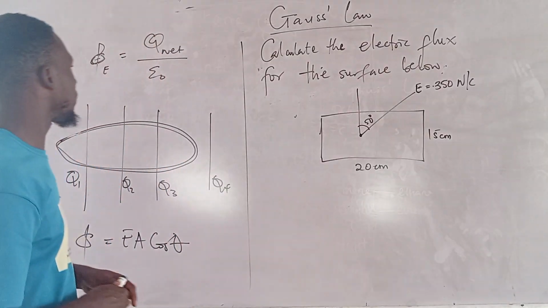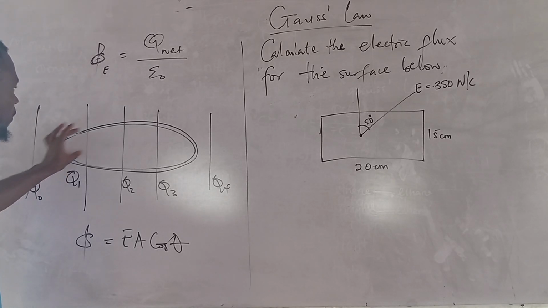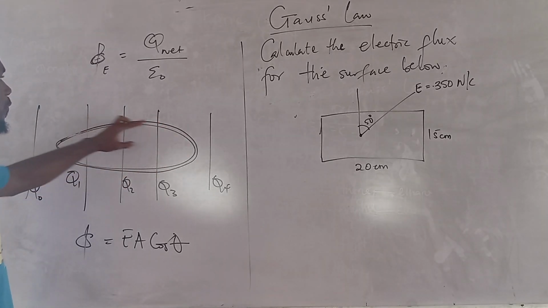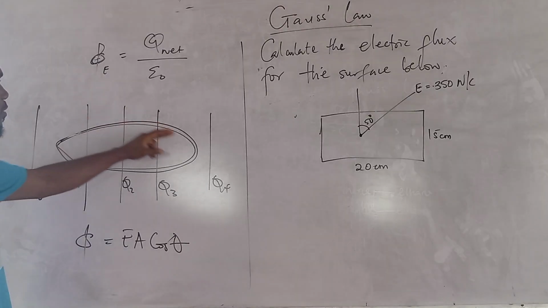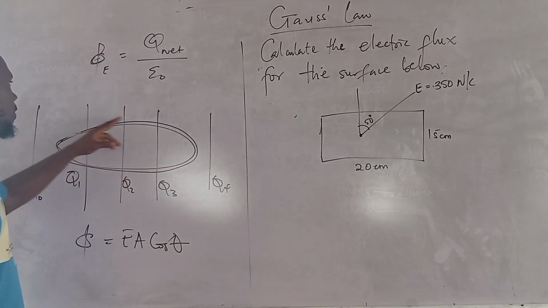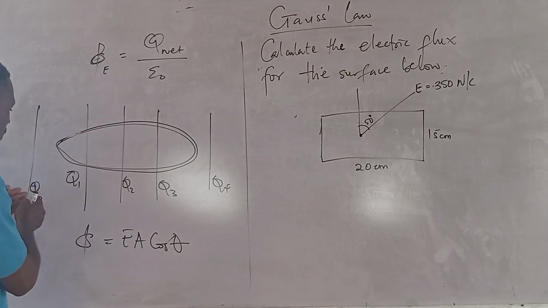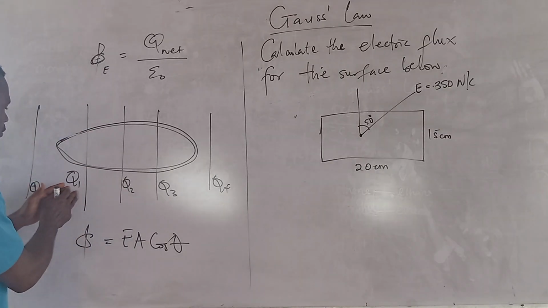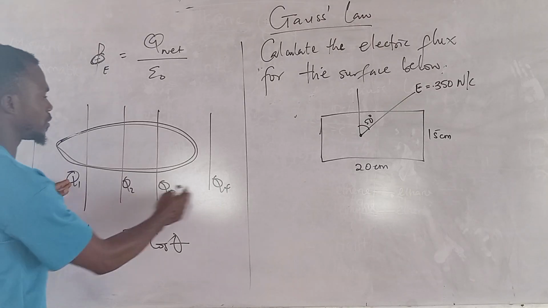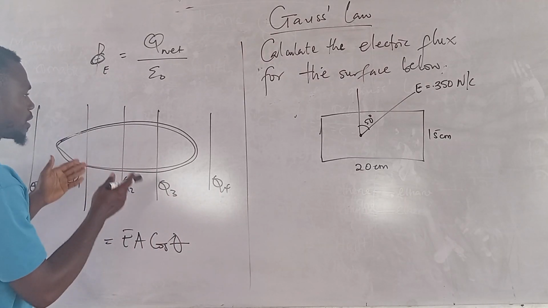Now, we can use this diagram to illustrate Gauss's law. We have a closed surface, which we call the Gaussian surface. Here we see different charges: Q0, Q1, Q2, Q3, and Q4. From the law, what is the net charge?